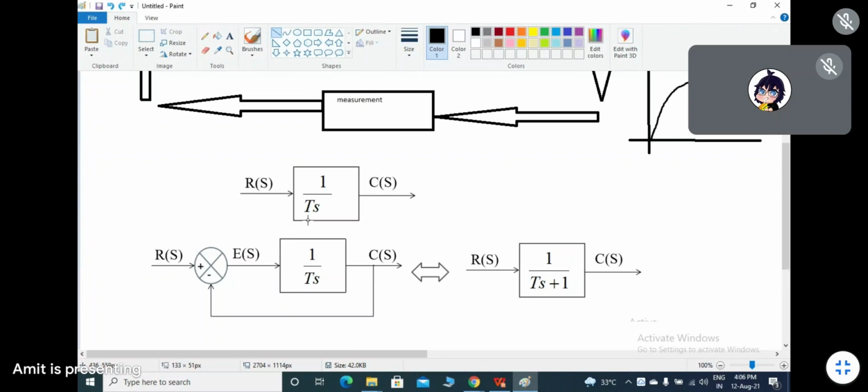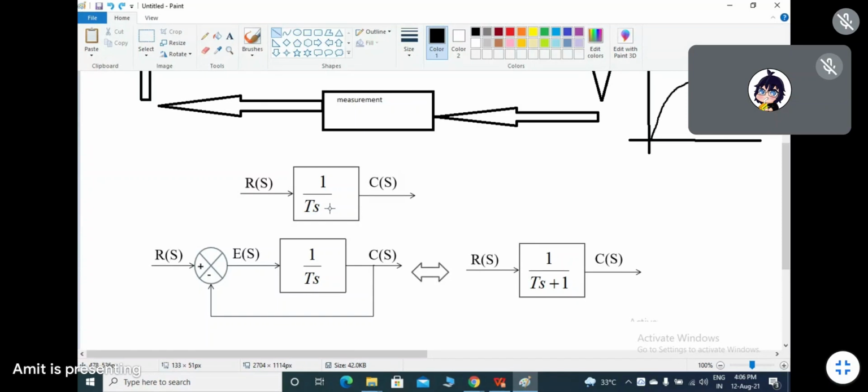When an open loop transfer function is given and someone tells you to make it a negative unit feedback system, what will be its closed loop transfer function? It is very easy: you can just add the numerator to the denominator.